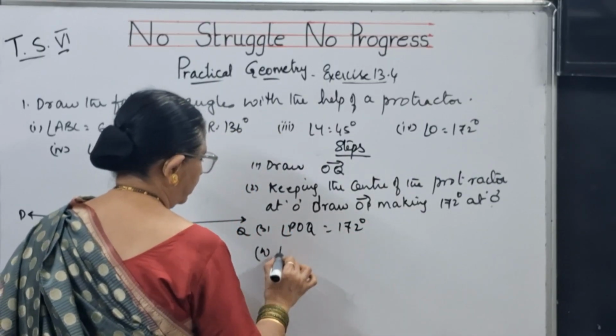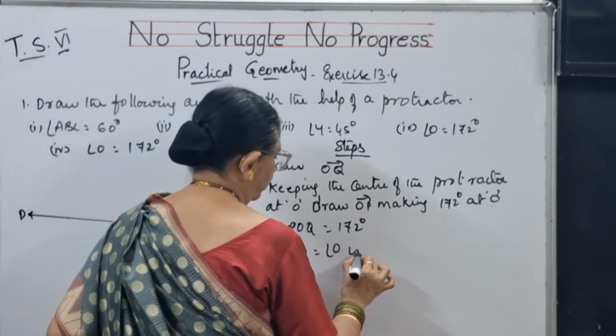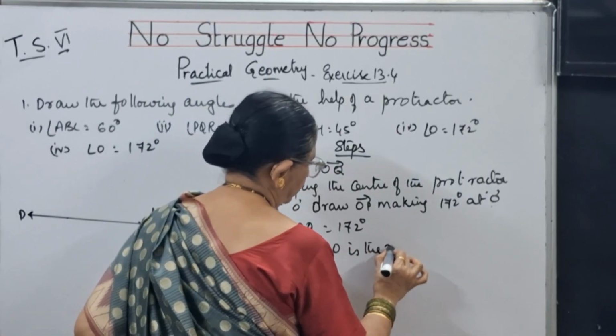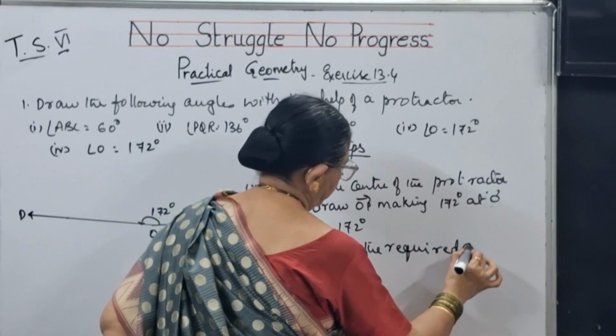So fourth one, angle POQ is equal to angle O is the required angle.